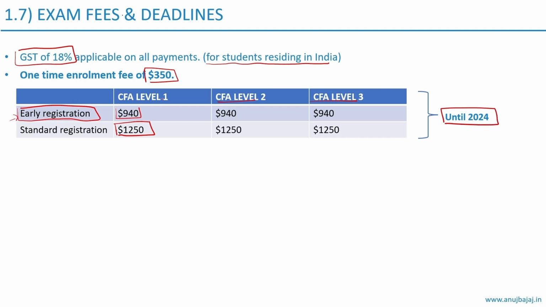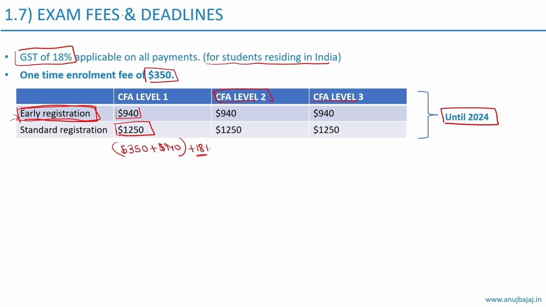So suppose you are registering for CFA Level 1, then you are required to pay a one-time enrollment fee of $350, plus if you register within the early registration deadline, then you are required to pay $940, and on the entire amount you will be charged with 18% GST.